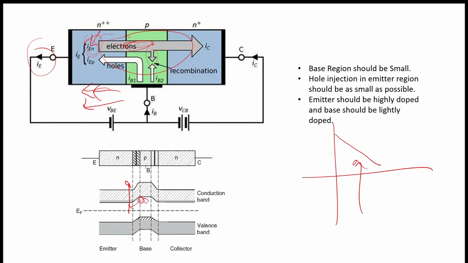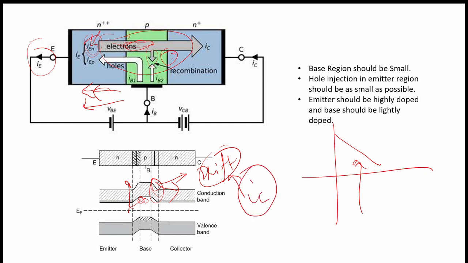The recombination current is there. There will also be a sweeping away of the electrons at this junction when we reverse bias it. This current, which is because of the drift of the electrons at this junction, this drift current, is nothing but IC.